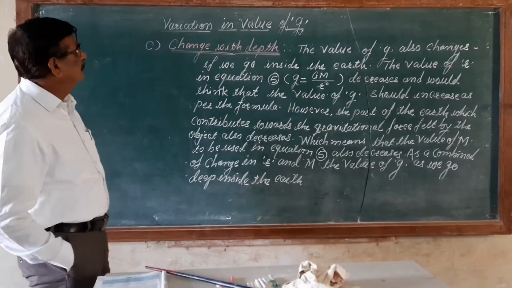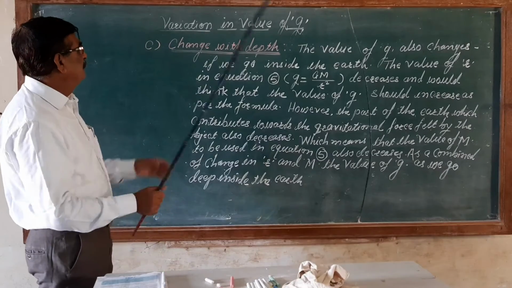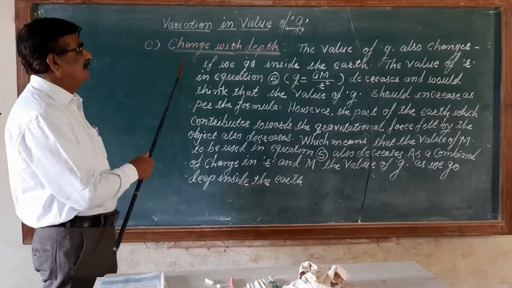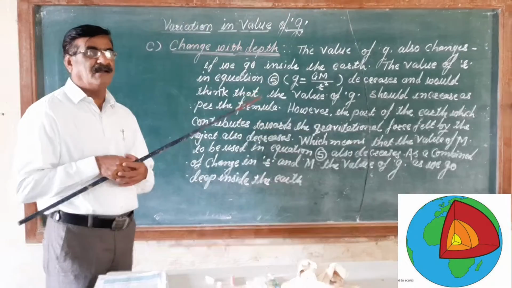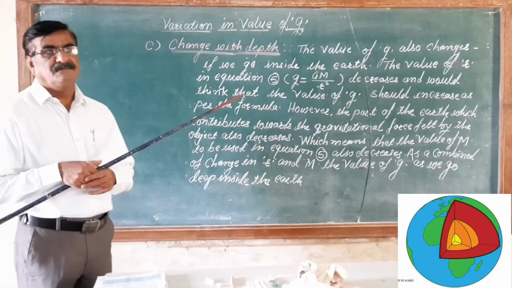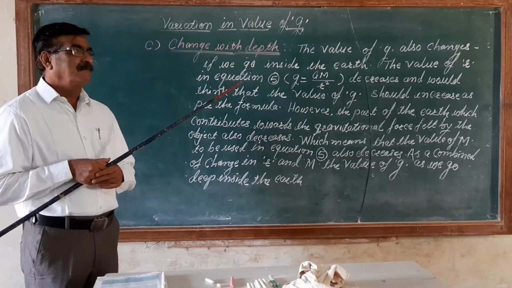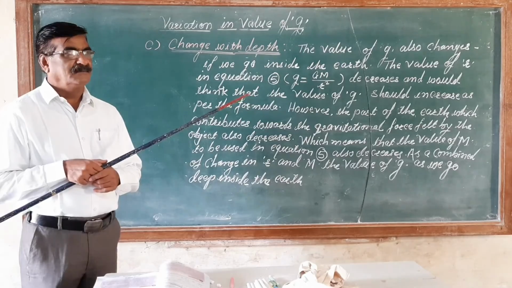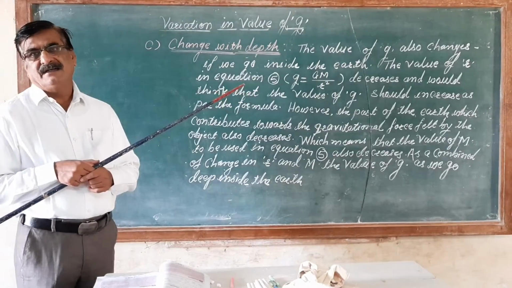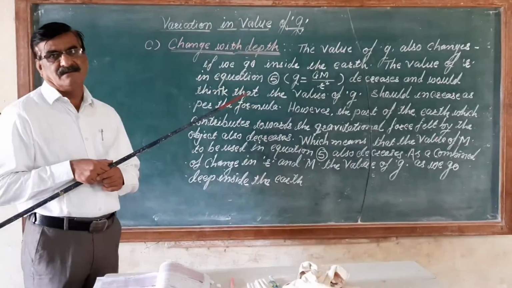Now, the third point, that is point C, which is change with depth. You know, our earth is not a vacuum, empty. It is a sphere.